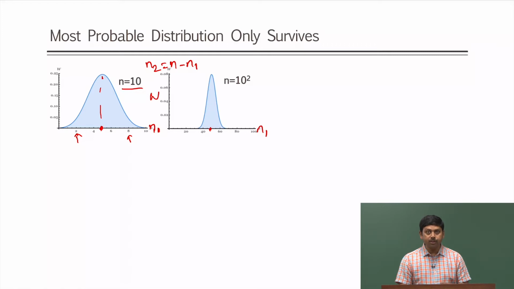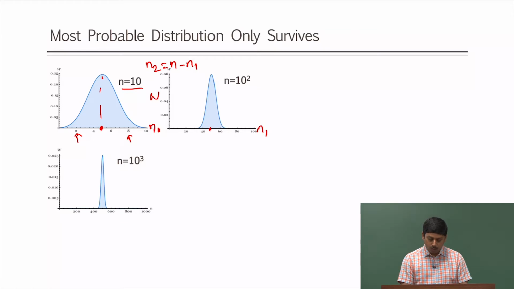So there is a deviation of 10, that falls almost like the deviation of 5 here, but we have to think about percentage deviation, and we will come back to that. But you see that the fall is faster. Now you go to 1000 particles and you see that 500 is the maximum, and within 400 it is falling off. 500 to 400 is just 100 out of 500, which is 20%.